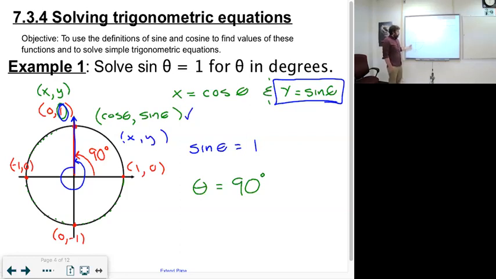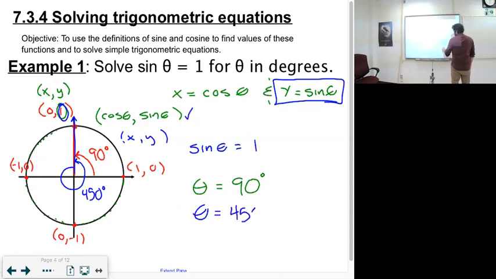So this first blue angle that I drew would be 90 degrees plus 360 degrees, which would take us to a 450-degree angle, right? So then we can also say we have another angle at 450 degrees, where the sine of that angle is also equal to 1. And I can continue to do this forever and ever.